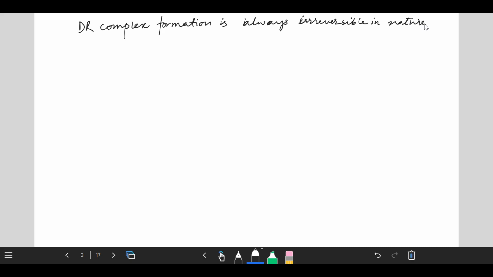Clear to you? Now we will see a mathematical formula which represents the drug receptor interaction mechanism. So this is the drug, this is the receptor. After binding, they form the DR complex and get the therapeutic response.